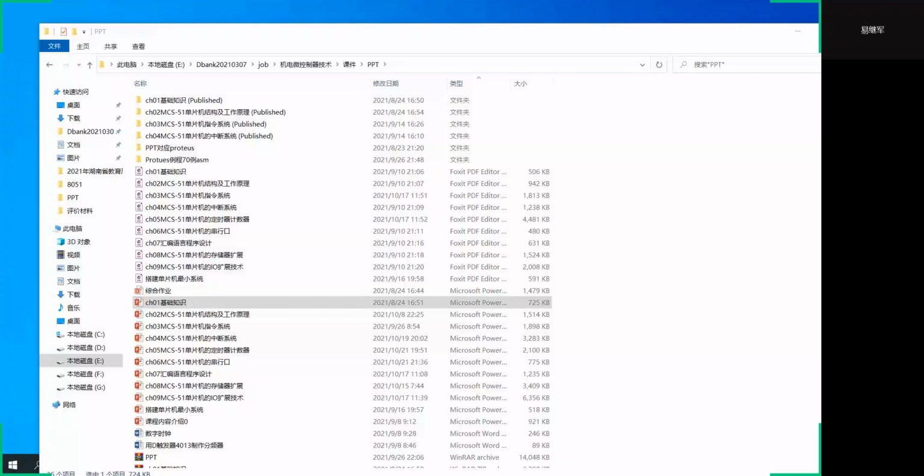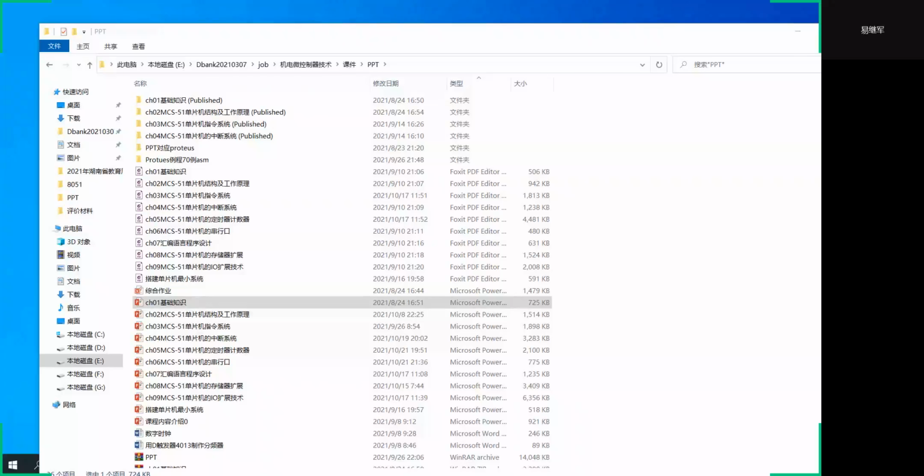You can buy some boards on Taobao. Which board? I don't actually know which one is better, but I suggest you don't buy any board. You just use software to simulate your microcontroller.